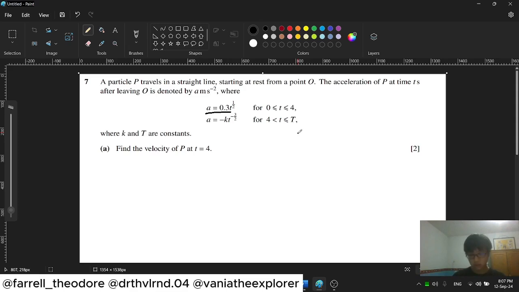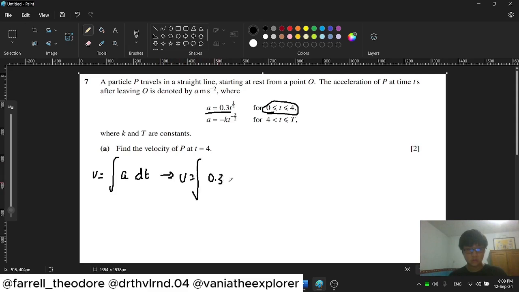So to find velocity using an equation of acceleration, we usually integrate them. And because the question is asking for t equal to 4, the first equation satisfies this because of this rule. So first we integrate that. V is equal to the integral of a dt, the integration of acceleration with respect to time. It will be v is equal to the integral of 0.3 t to the power of half dt.